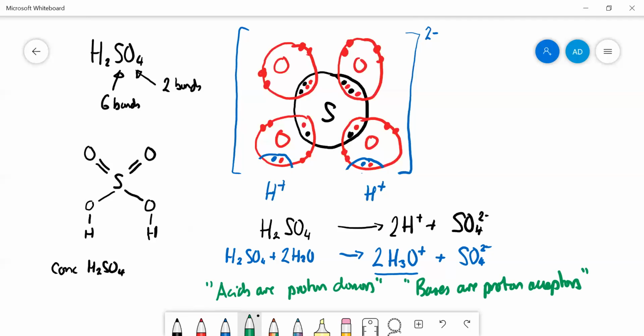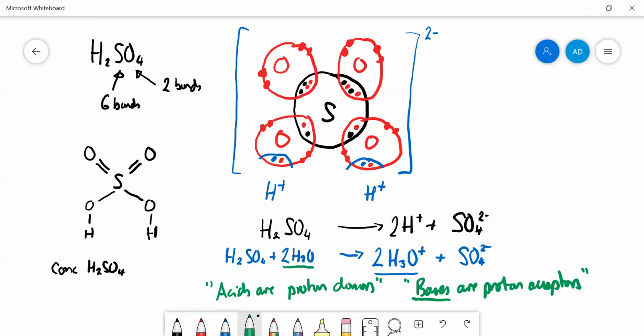Now it's better to start thinking of them this way. Acids are proton donors. So why is the sulfuric acid acting as an acid? Because it's given away protons. Who's it giving the protons to? It's giving them to the waters. Okay, so the water has accepted a proton, so the water has acted as a base. So whenever you have an acid giving away H+, you've always got to have a base accepting them, because of course protons cannot exist by themselves.